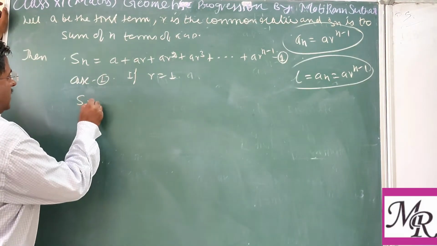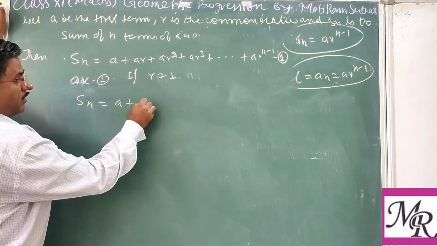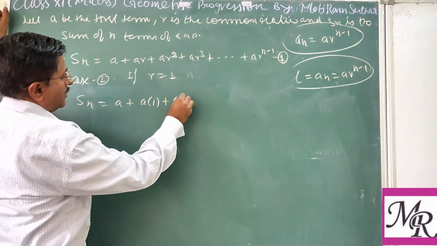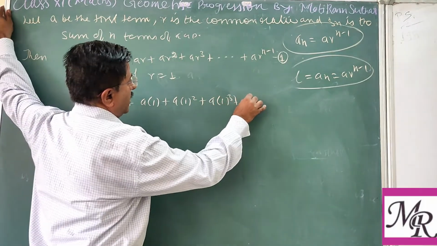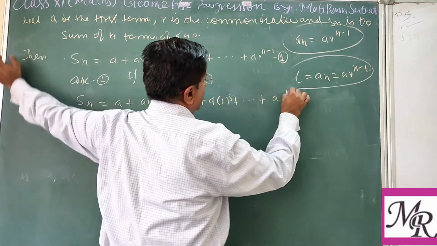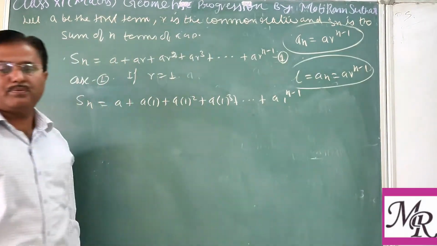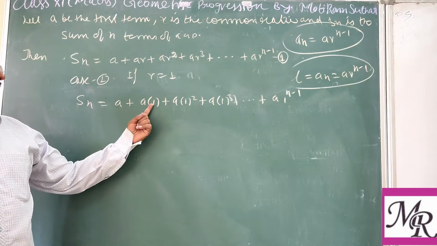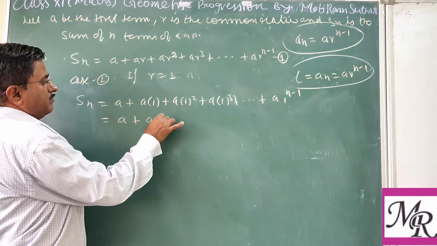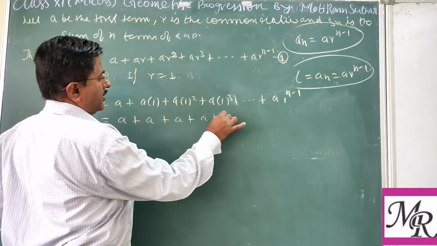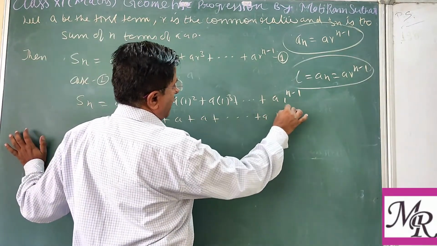So we get Sn equal to A into 1, A into 1 square, A into 1 power 3 and so on. Whatever the power of 1, that is always 1. So A into 1. So A plus A plus A plus A plus A, n times.